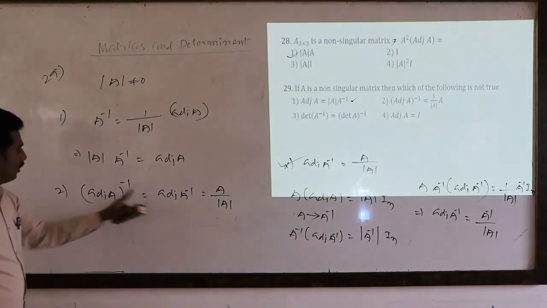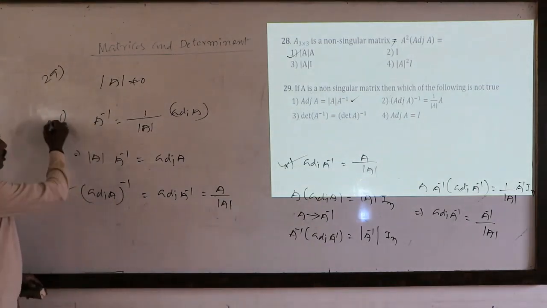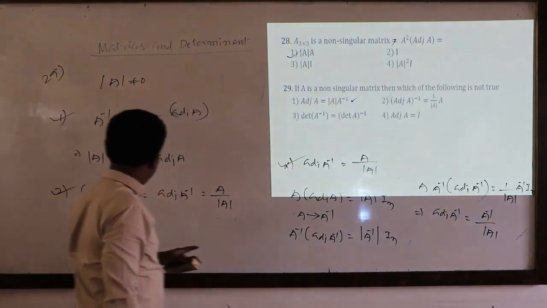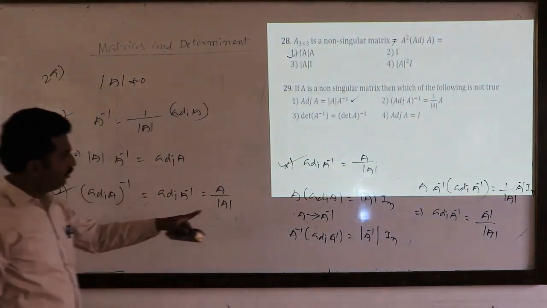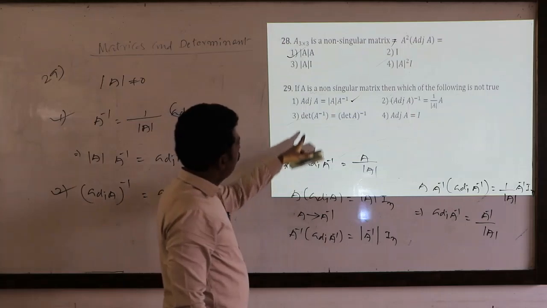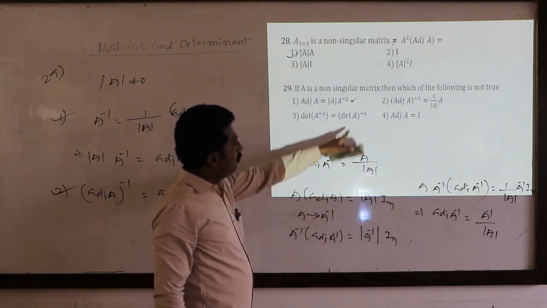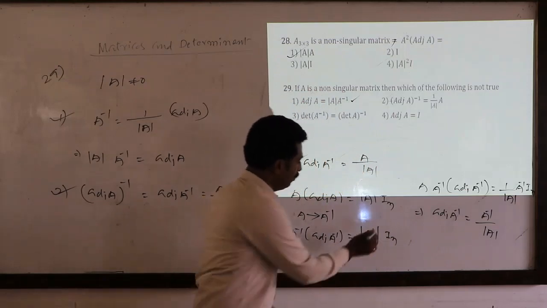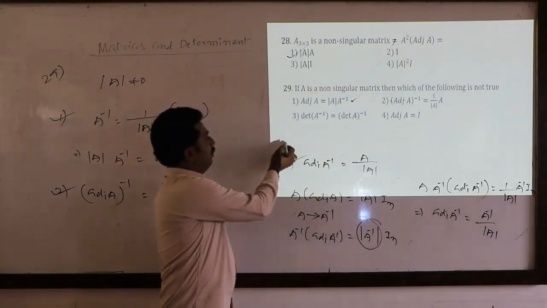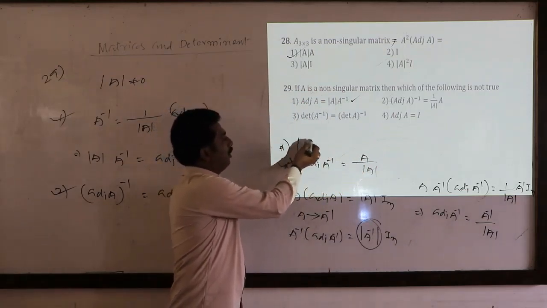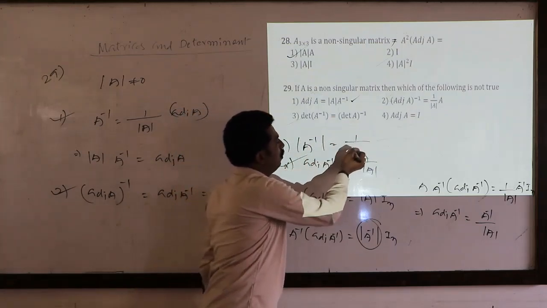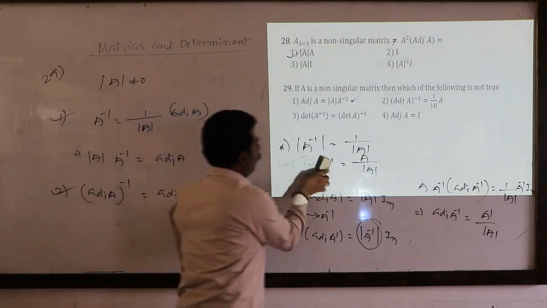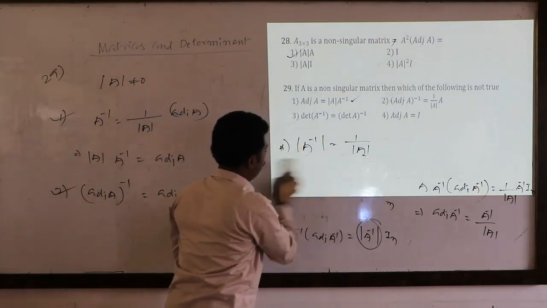This is most important. So the second option is also correct, and the first is also correct. Then the third option is nothing but this one only, no? See, the previous result: determinant of A inverse equals 1 divided by determinant of A. How you got it, I will clear.